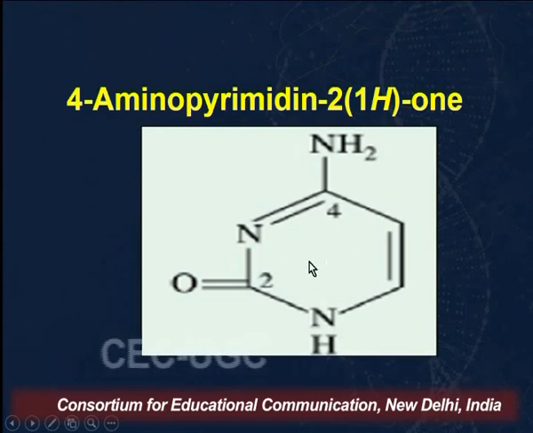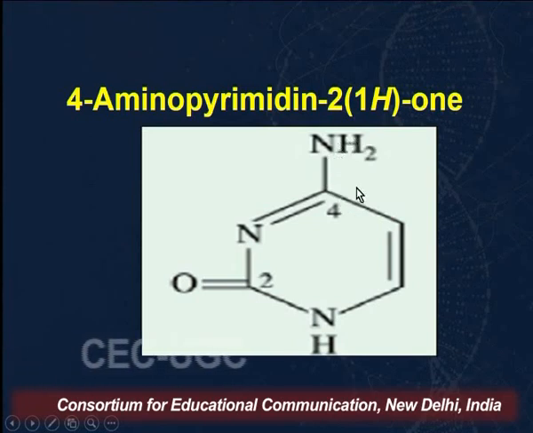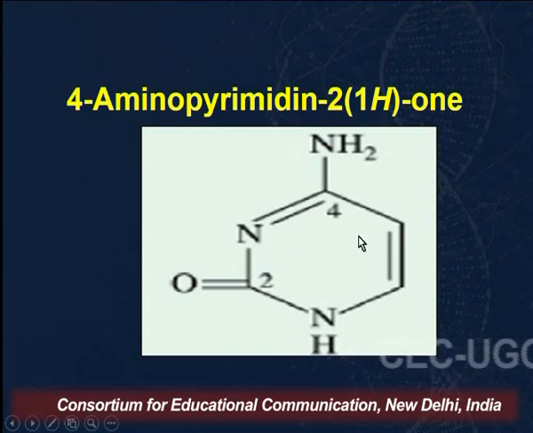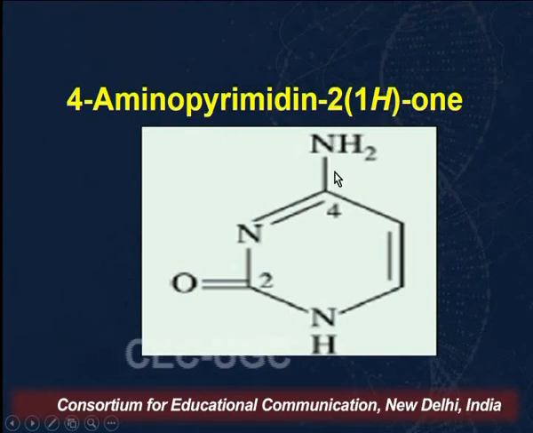And along with that, what do we have? We have a carbonyl group at the 2nd carbon and the amino group at the 4th carbon. So this is the structure of cytosine, and this is named as 4-amino pyrimidine 2-one, with an amino group at the 4th carbon.